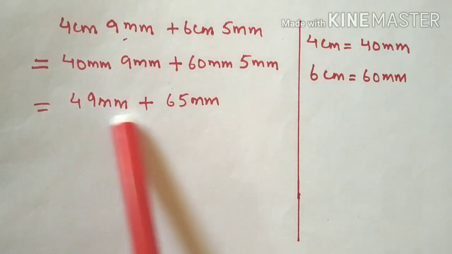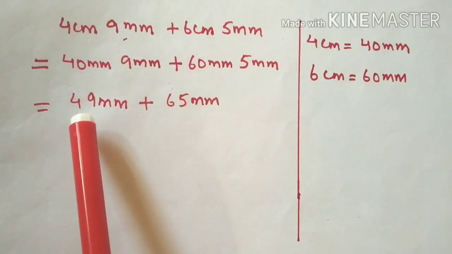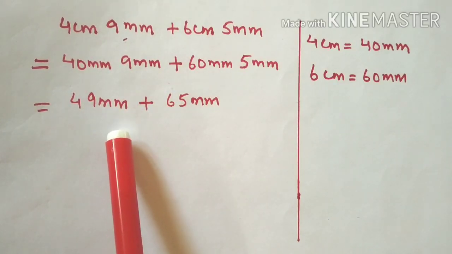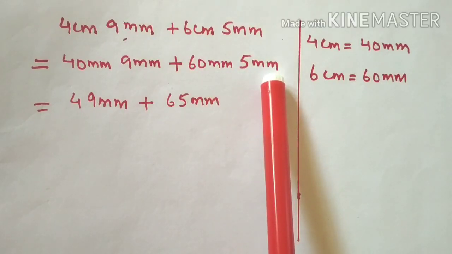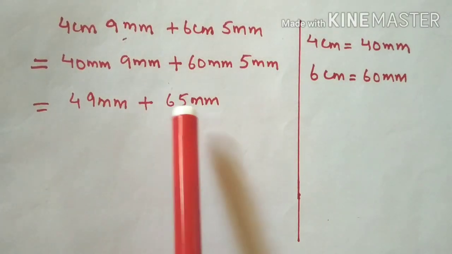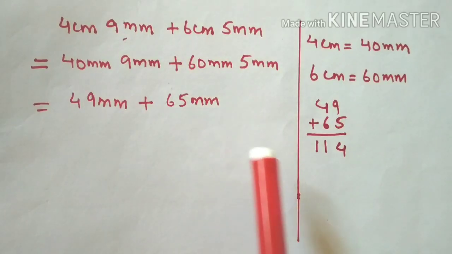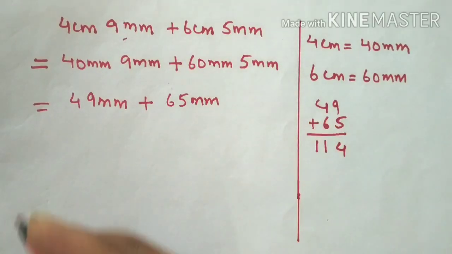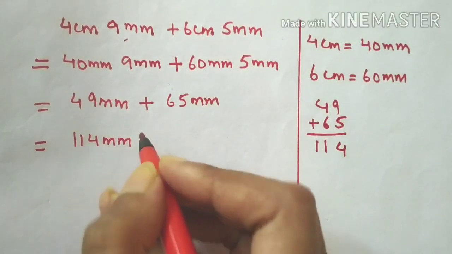So what we did here is, we have added 40 millimeters and 9 millimeters to get 49 millimeters, and we have added 60 millimeters and 5 millimeters to get 65 millimeters. Now since the units of both the lengths are the same, we can add them. So when we add 49 and 65, we get 114. So in the next step, we will write 114 millimeters.